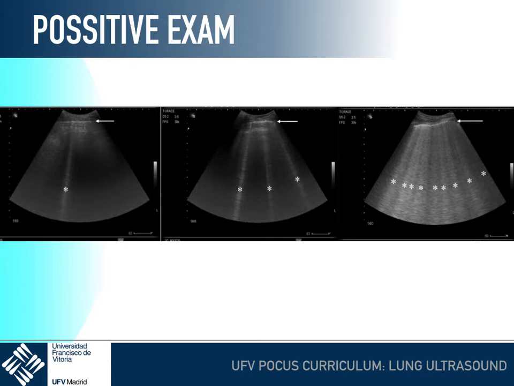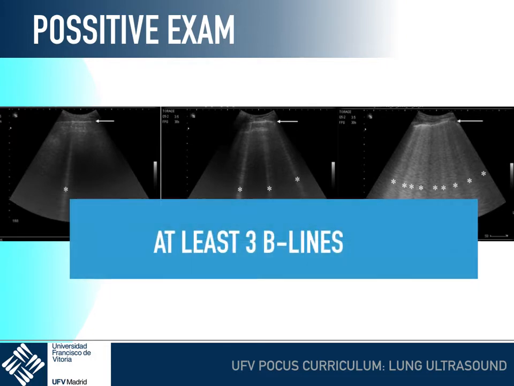For sure, the one on the right is positive, but we are not sure what's the threshold for a positive exam, and it is at least having three B lines in a longitudinal approach in one intercostal space.